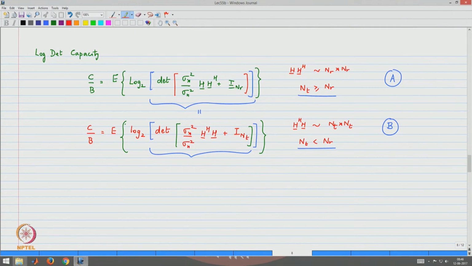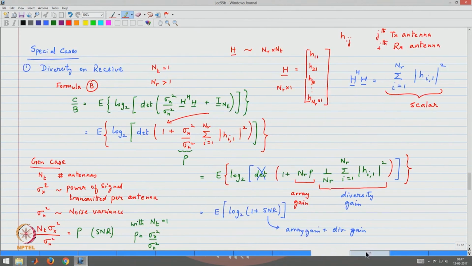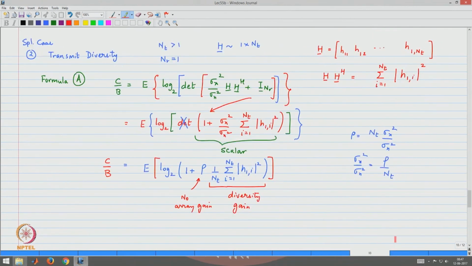This is a special case when you have just transmit diversity, when NR is equal to 1 and you have multiple transmit antennas. On the other hand, there is an alternate version which gives exactly the same numerical value, but the expression is more consistent with our intuition for the case where NT is less than NR. This is the case when you have receive diversity, and we have shown that this also is completely consistent with the case where you do maximal ratio combining type of expressions. So, the two special cases, and then finally we have this final expression.